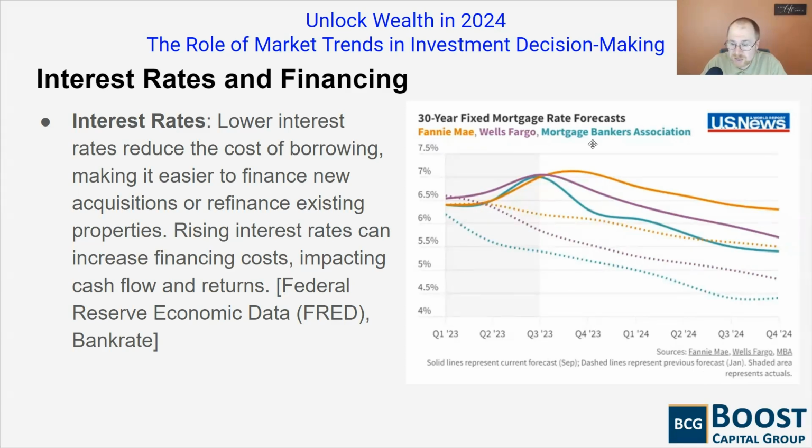So obviously that didn't happen. Now we are in Q2 of 2024 and that still didn't happen. But it's supposed to go down maybe at the end of the year. So we have to get the data. The Federal Reserve economic data is a source for interest rates, or bankrate.com as well.